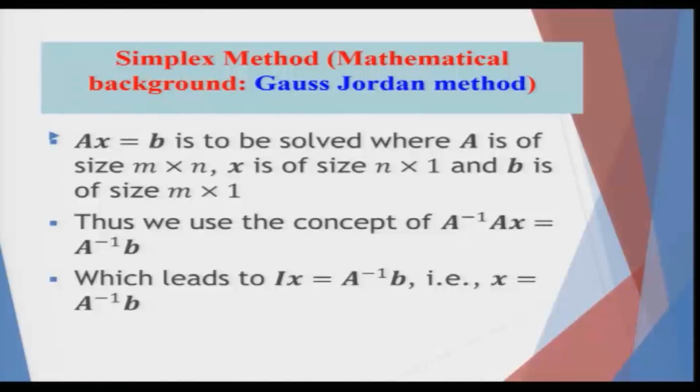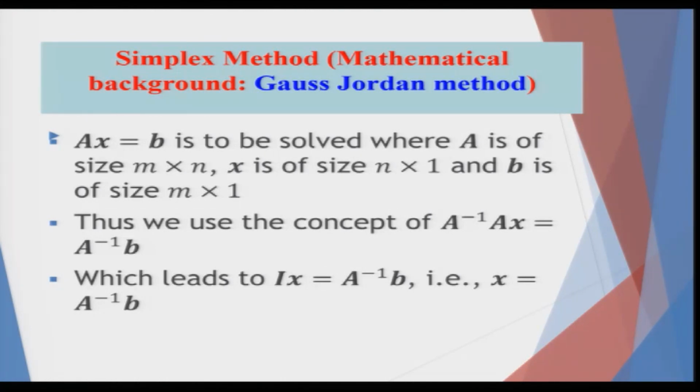Hence, the dimension of B, on the right hand side, would be m cross 1. So, let me go back to the slide. A would have the parameters based on which you multiply x's values, B is the right hand side of the constraints, and x is the decision variables, or the values you want to find out for the variables. So, Ax is equal to B.